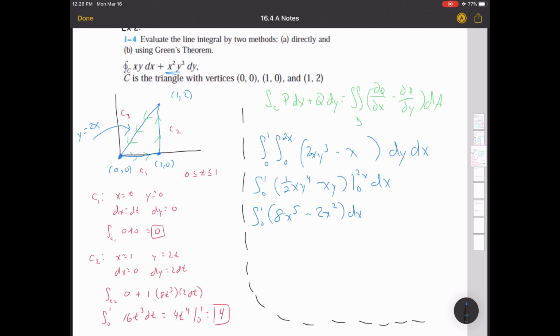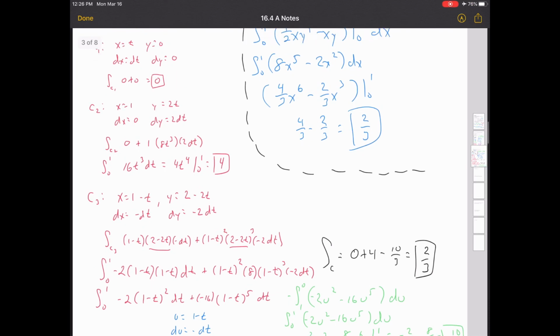So now if we take the antiderivative of this thing with respect to x, we're going to get 8x to the sixth over 6, which is 4/3 x to the sixth, minus 2/3 x cubed from 0 to 1. Plugging in a 1, we get 4/3 minus 2/3. Plugging in 0, we get nothing, so we get 2/3, and that matches what we had in the bottom.